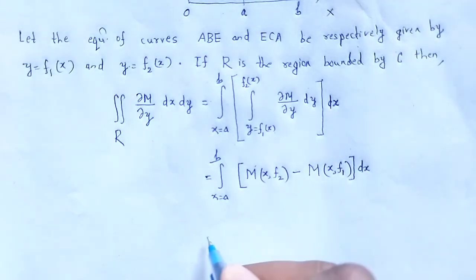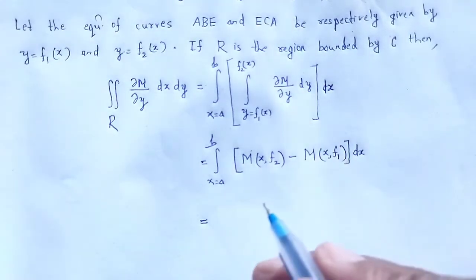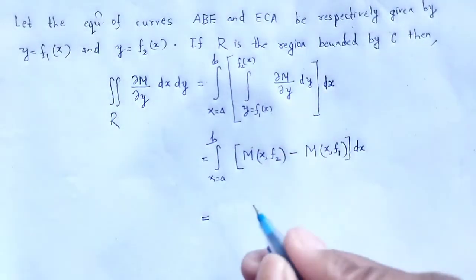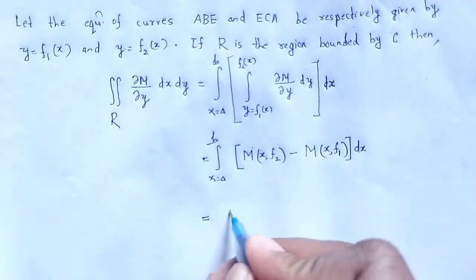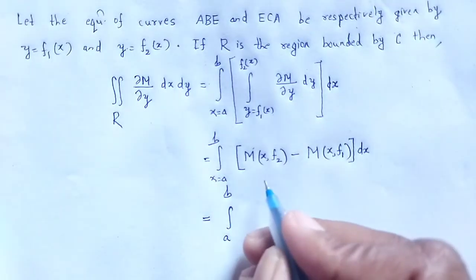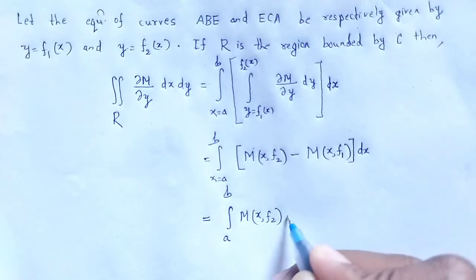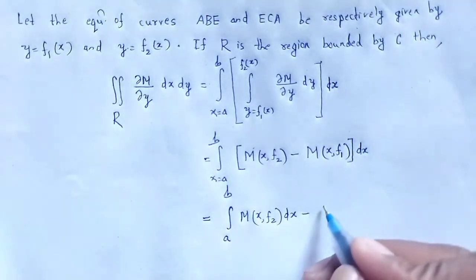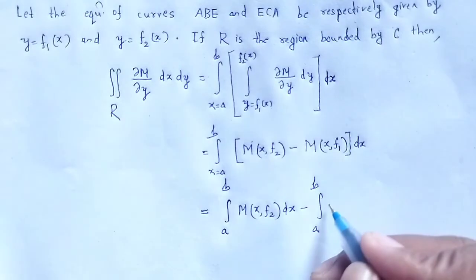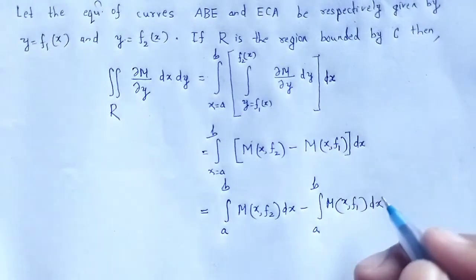That is, the integration from a to b of M(x,f2) dx minus the integration from a to b of M(x,f1) dx.